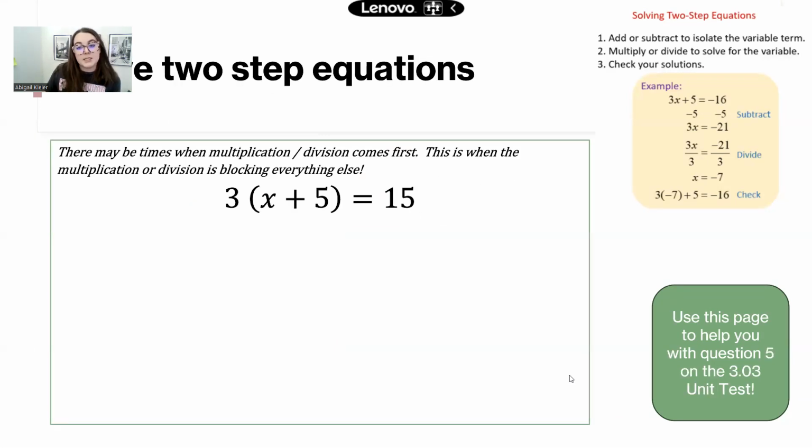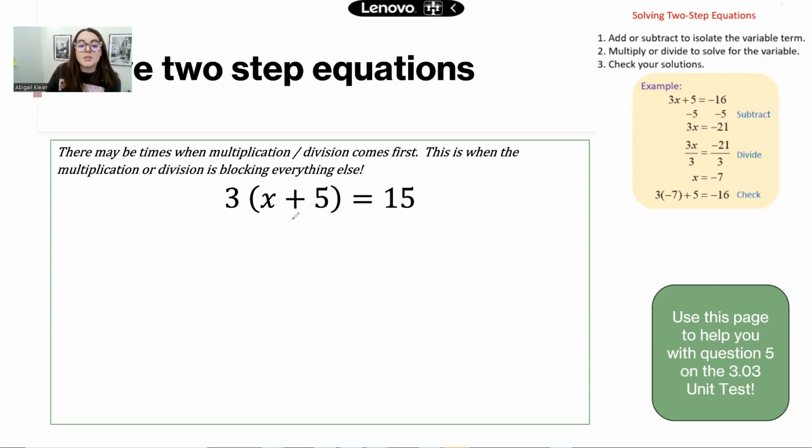And finally, the last thing we're going to talk about is another two-step equation example. However, this one looks a little bit different because we can't do the addition or subtraction step first. The reason why we can't is because it's kind of hidden within these parentheses.